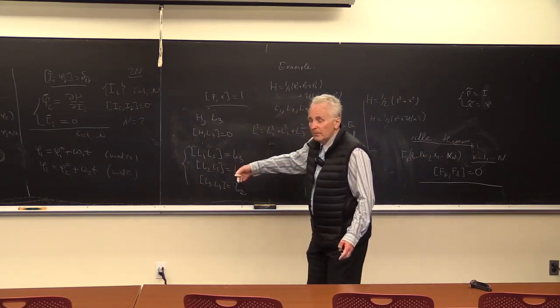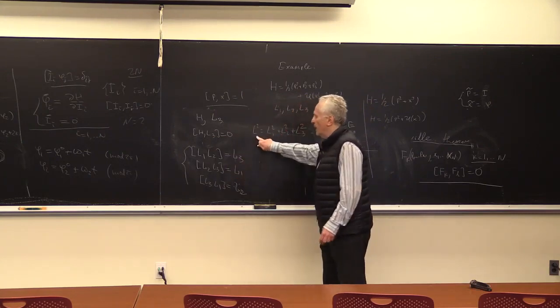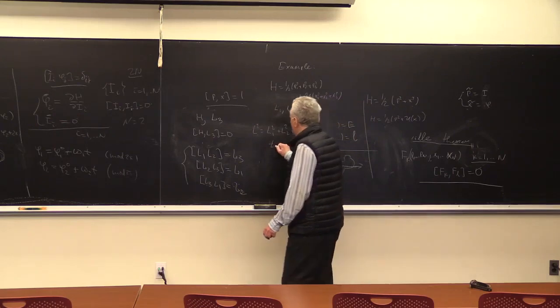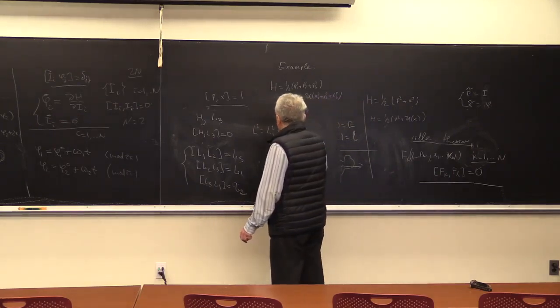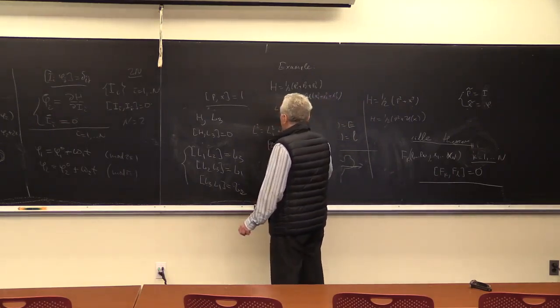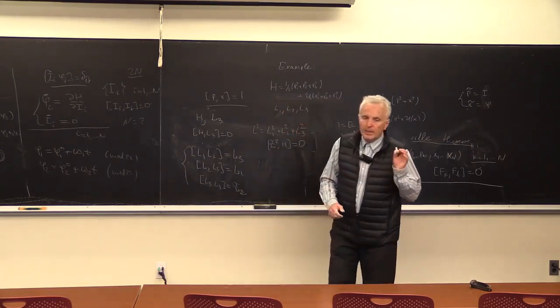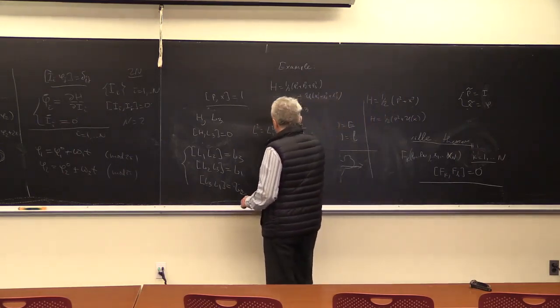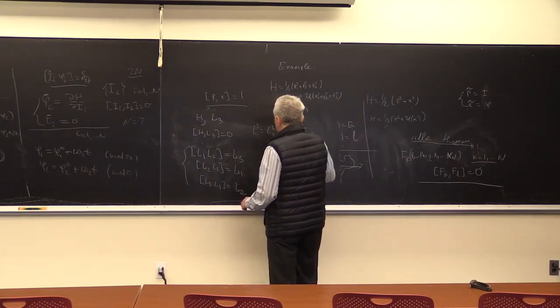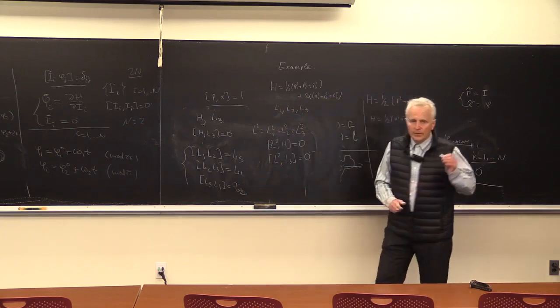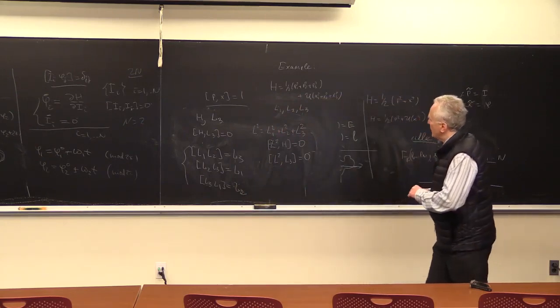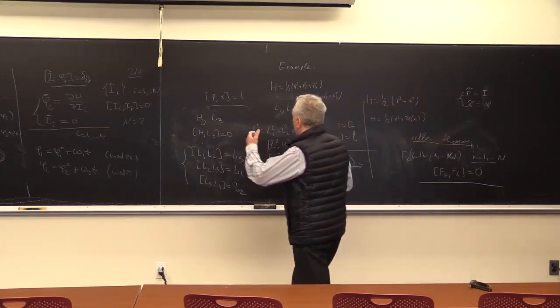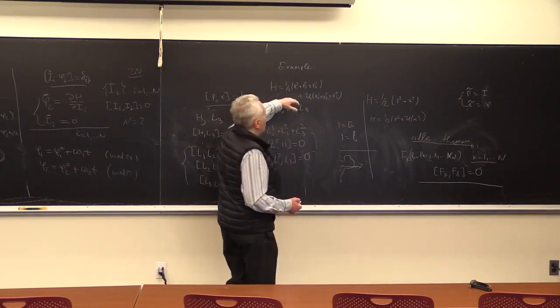They all commute with the Hamiltonian. So the bracket of L squared and H is 0, that's obvious. What is slightly less obvious and requires some calculations is that the bracket of L squared and L3 is also 0. So in this case, you have complete integrability in six-dimensional space.